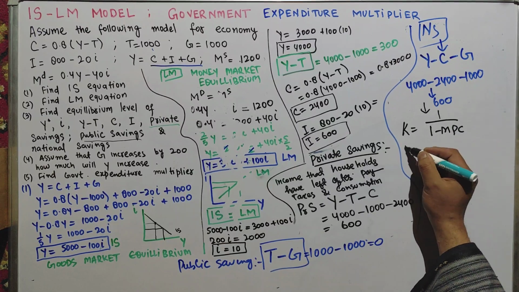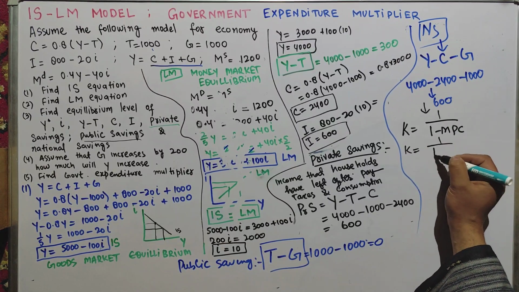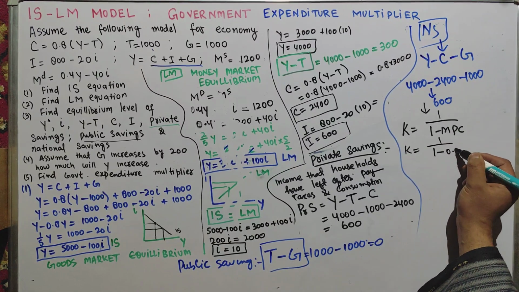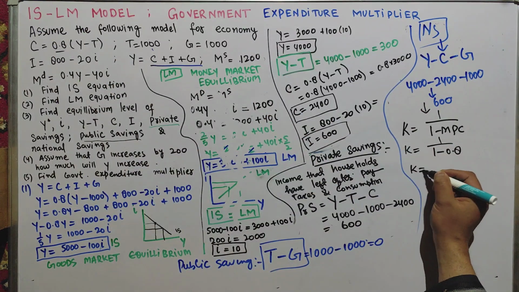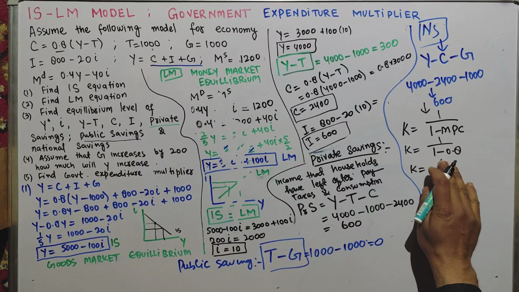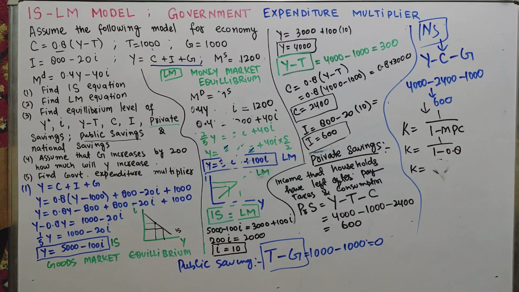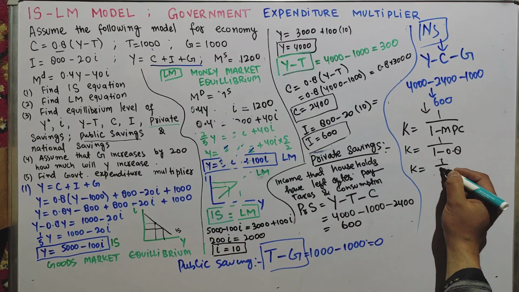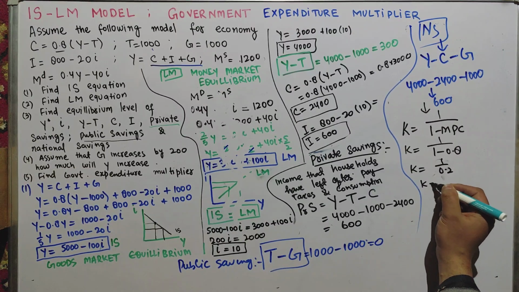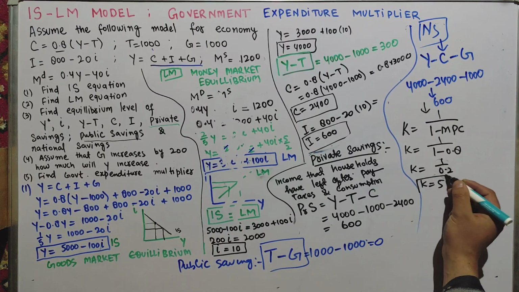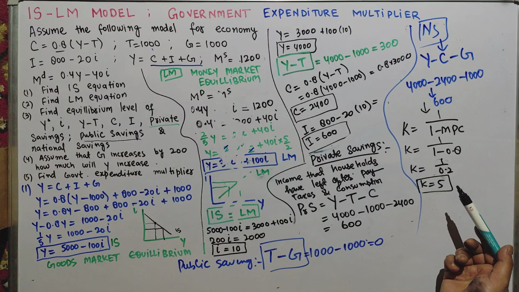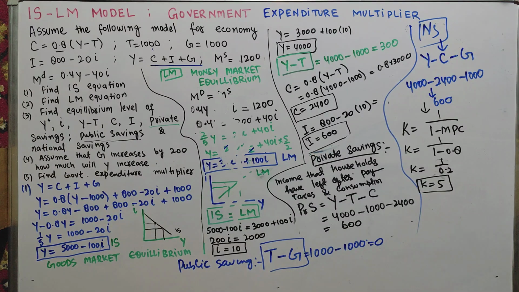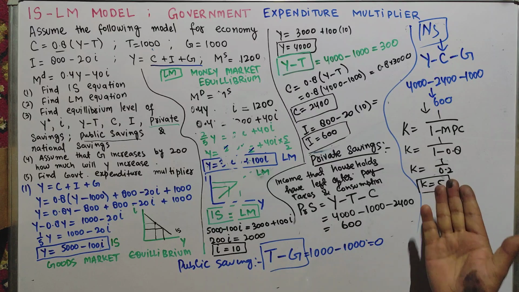So it is 1 upon 1 minus 0.8, because the marginal propensity to consume is 0.8. The government expenditure multiplier will be equal to 1 upon 0.2, which is equal to 5. You can calculate it, or if I have time I will derive this very formula.